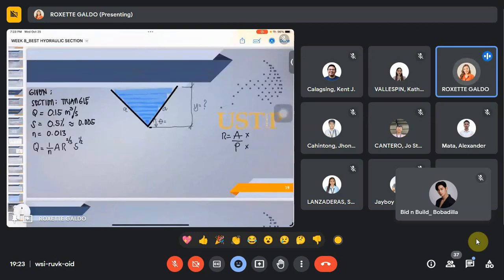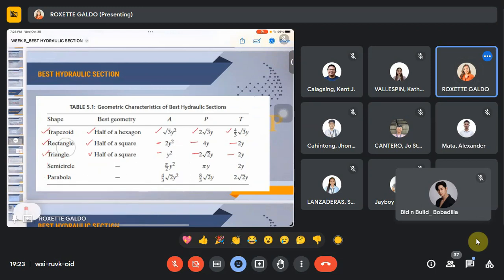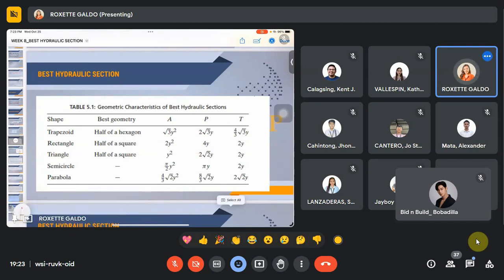Now, since we are trying to identify the best hydraulic section, let us take a look at this table. Based on the problem, our channel is to be made as a triangle. The best geometry for that is to have it as half of a square.